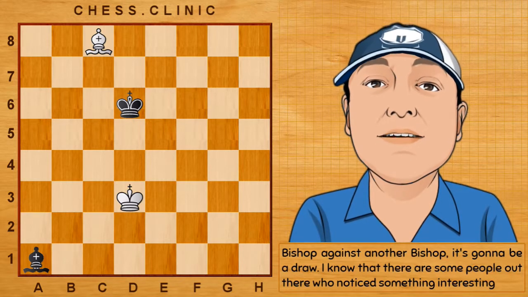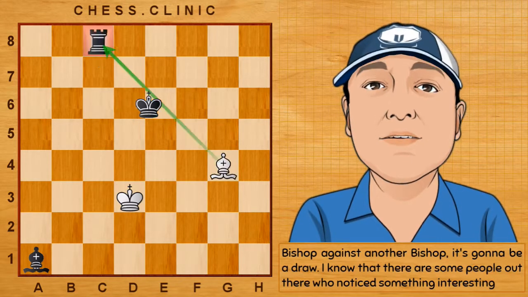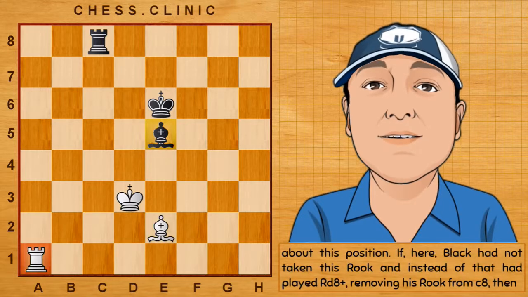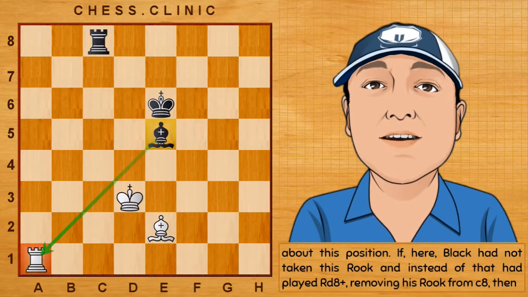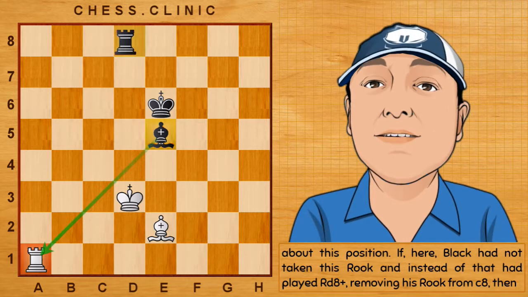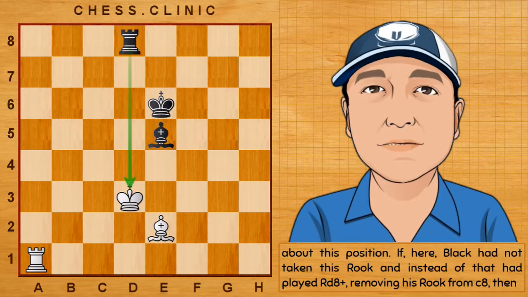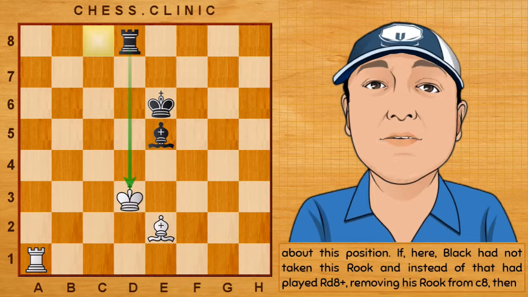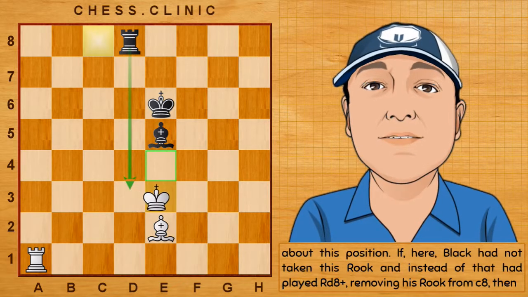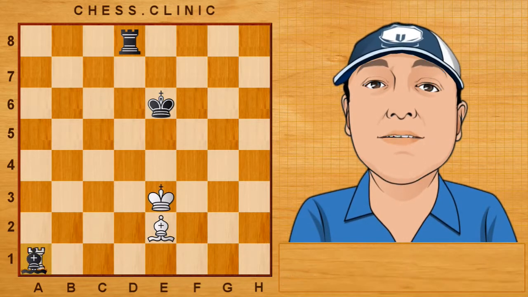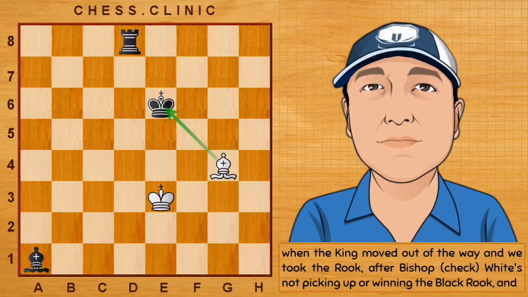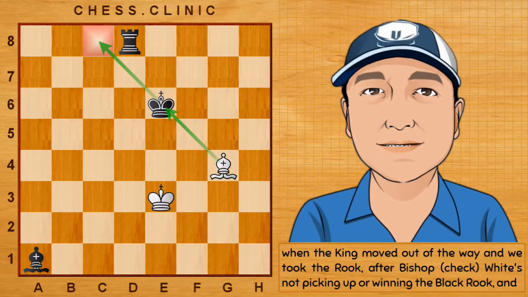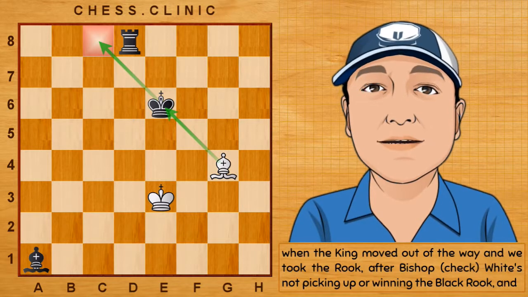I know that there are some people out there who notice something interesting about this position. If here black had not taken this rook, and instead had played rook to d8 check, removing his rook from c8, then when the king moved out of the way and we took the rook, after bishop check, white is not picking up or winning the black rook.